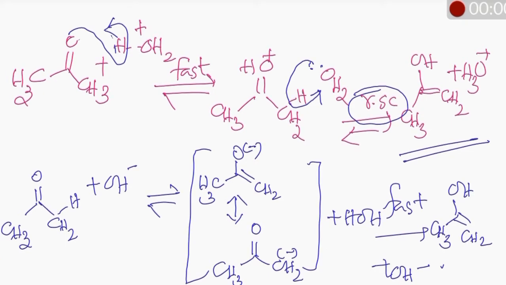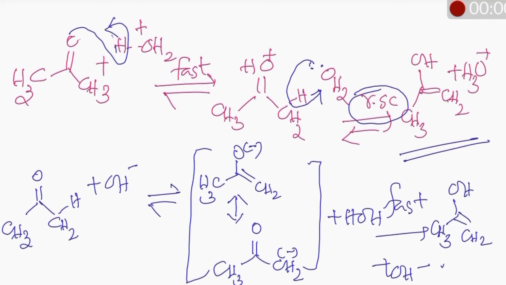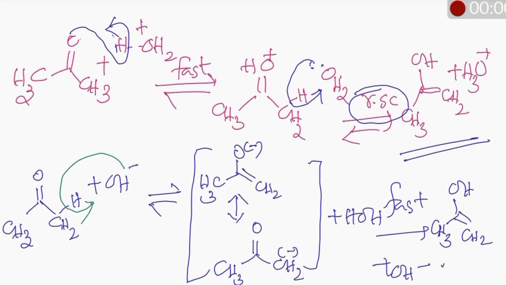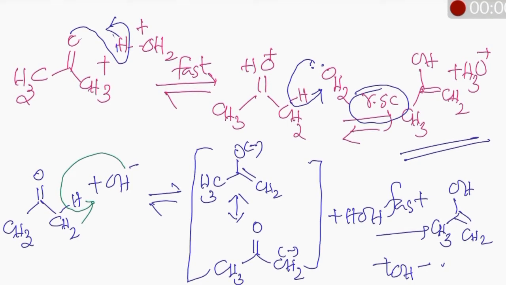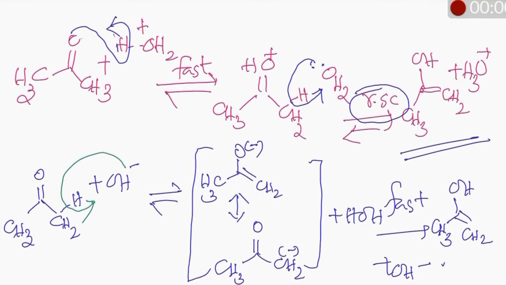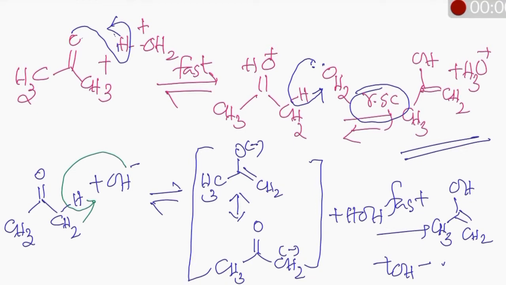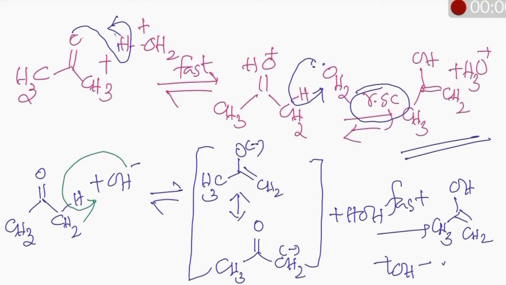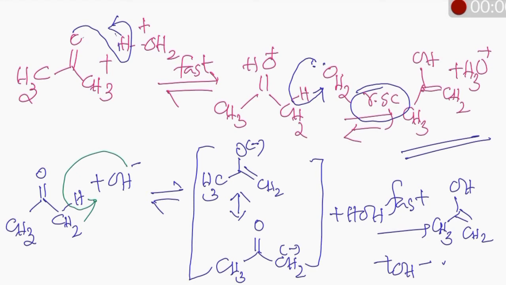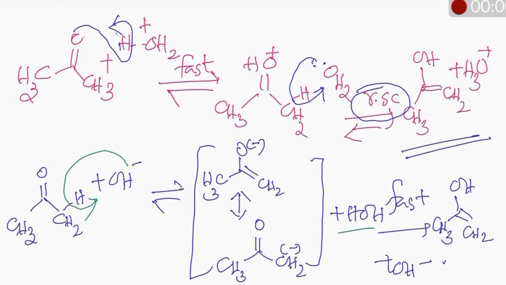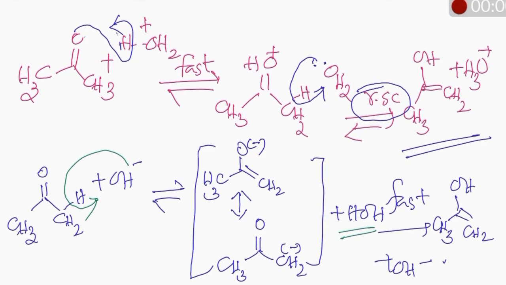Under basic conditions, the abstraction of the alpha hydrogen atom is the initial rate controlling step. Then the proton abstraction from the solvent completes the enolization process.